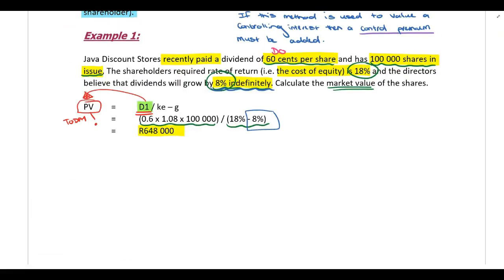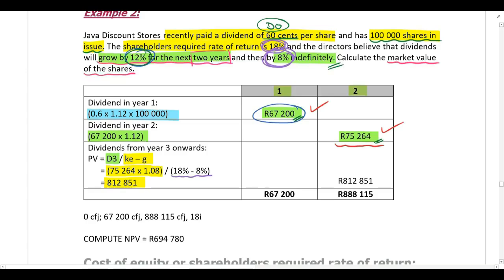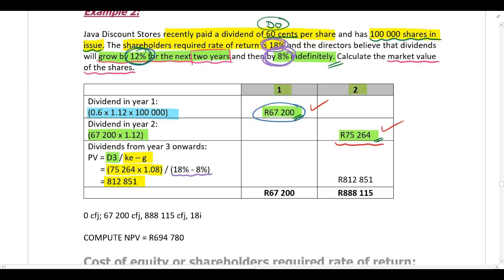Now please note, when we used D1 in our calculation, it jumped back 1 year and it gave me the value today. So applying that same logic, if I use D3 in my calculation, that jumps back 1 year and it gives me the value in year 2. So you add this to your year 2 column.